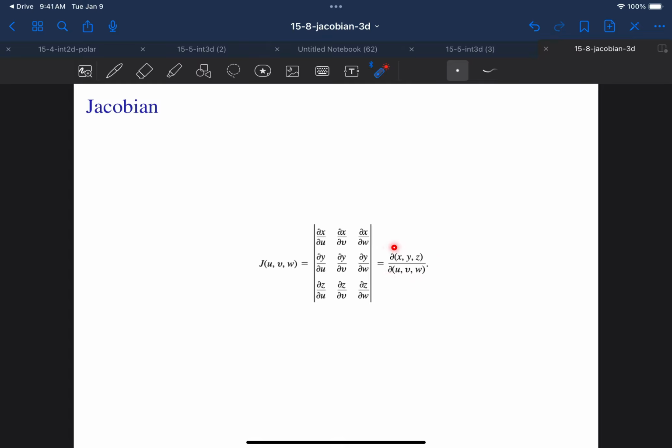So often we can write it as partial (x,y,z) over partial (u,v,w), which means it comes with a 3 by 3 matrix determinant. Here what you need to know is it's not a linear algebra class, but we can briefly recall how to compute the determinant of a 3 by 3 matrix.